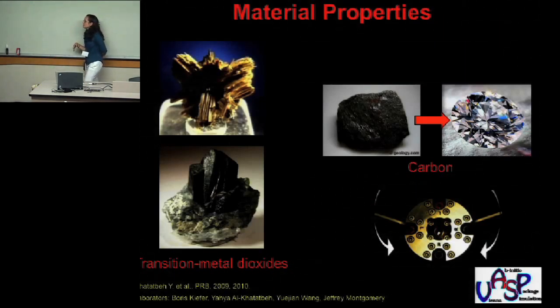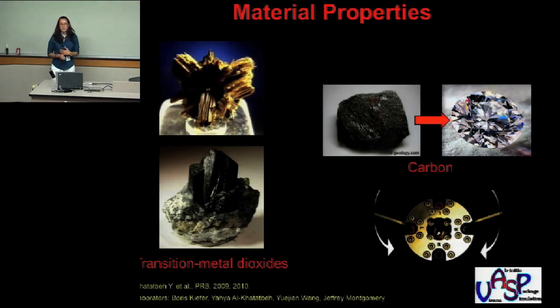More recently, we've been looking at other materials that are not necessarily directly related to earth science, but some transition metal dioxides, as well as various forms of carbon at high pressures and high temperatures. And in this case, we've also run the experiments, and we can use the calculations, one, to complement and verify our experimental measurements, and then to go beyond that, right?